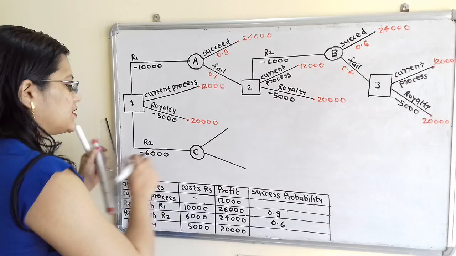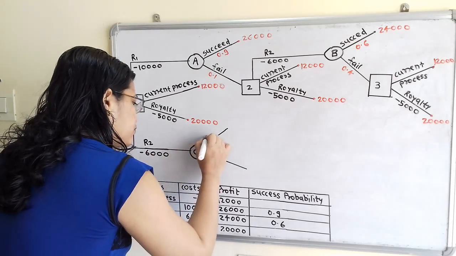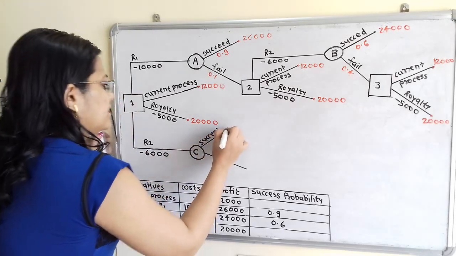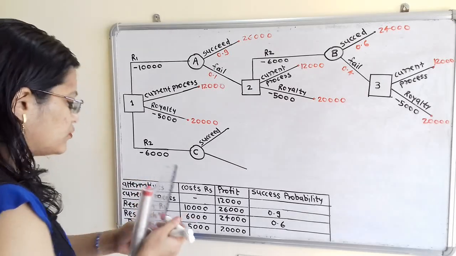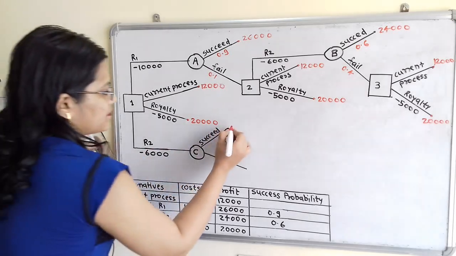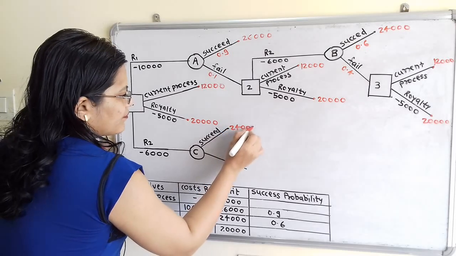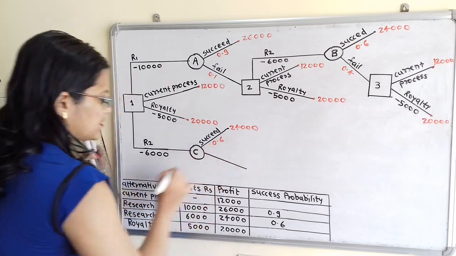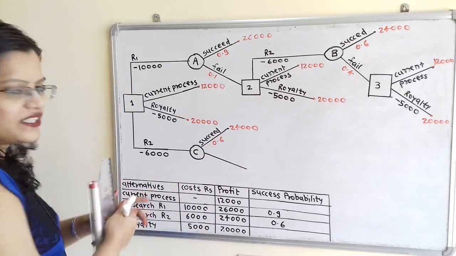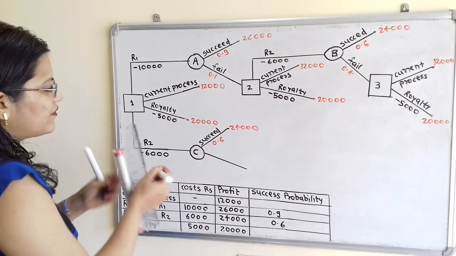First will be success. If this research R2 succeeds, then here we will get the net profit for R2, which is 24,000. And what will be the probability of success? It is 0.6.